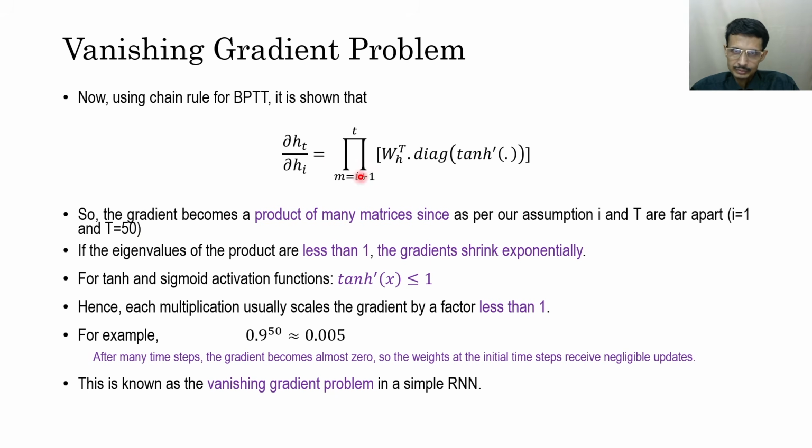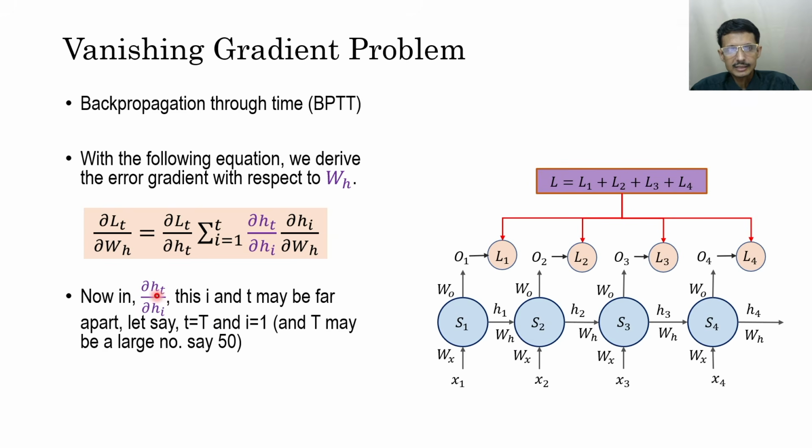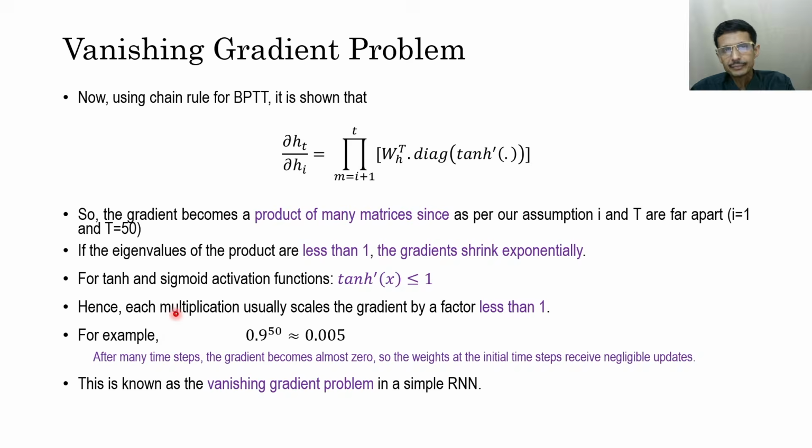So this is what we can show from the chain rule: del h_t by del h_i, if i and t are far apart, is a multiplication of many matrices. If the eigenvalues of the product are less than 1, the gradient decays exponentially. That is the major reason for the vanishing gradient.